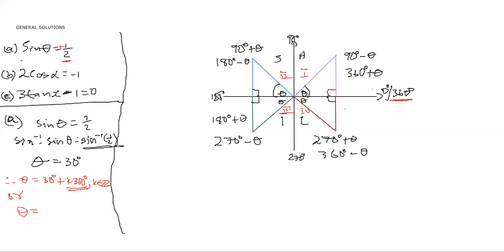Now, the second step that we're going to take: which other quadrant is sine positive? We said it is the second quadrant. Now, what kind of reduction do we use in that second quadrant? That can be quite confusing, and I do not want to confuse you at any point.